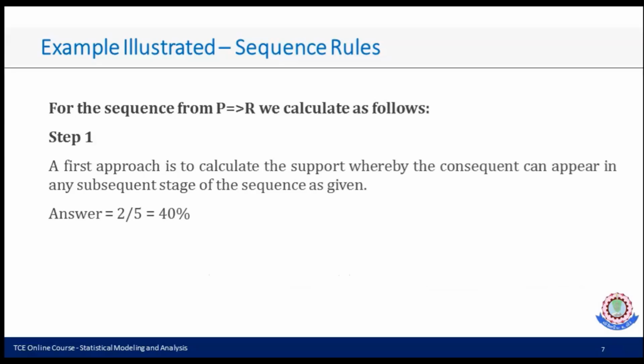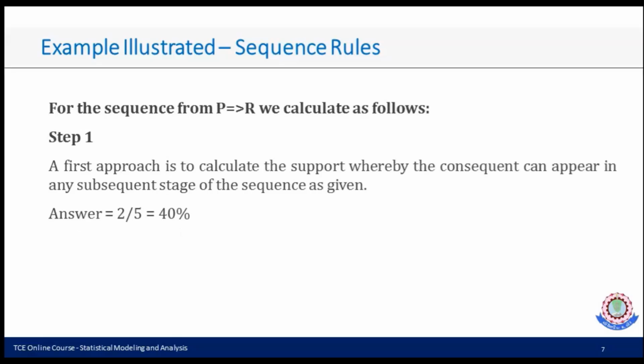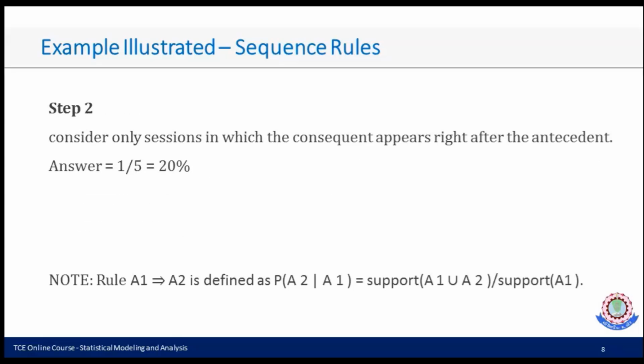For this case, we consider session 9 alone, because this session is the only one having page P directly followed by R. So as an answer, I can write 1 divided by 5, which is 20%. So this is the value for the second approach.